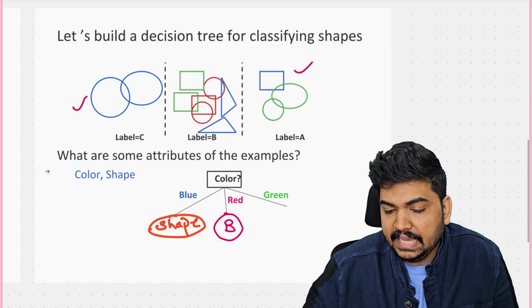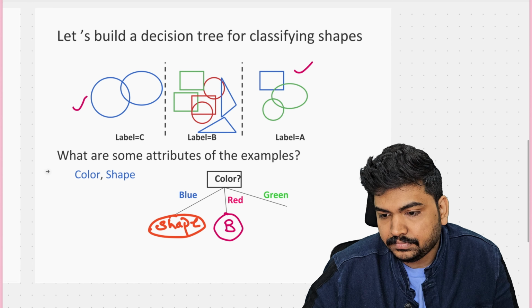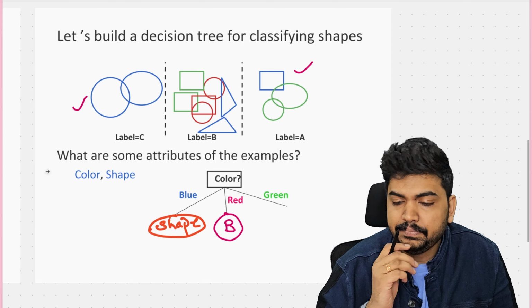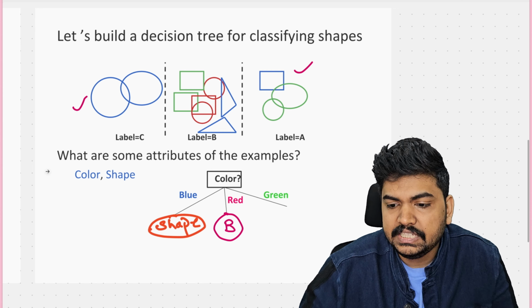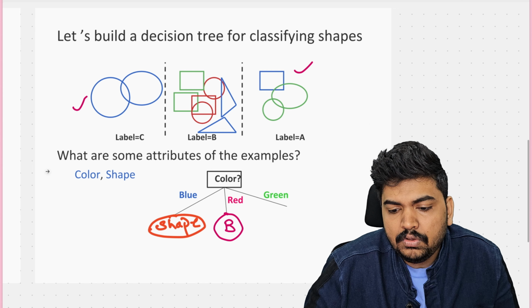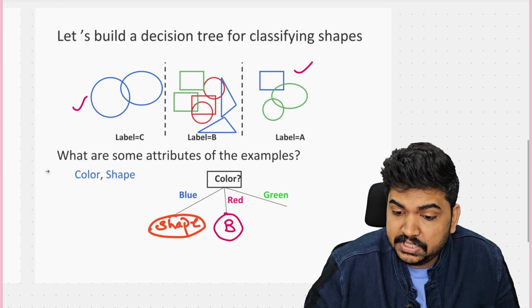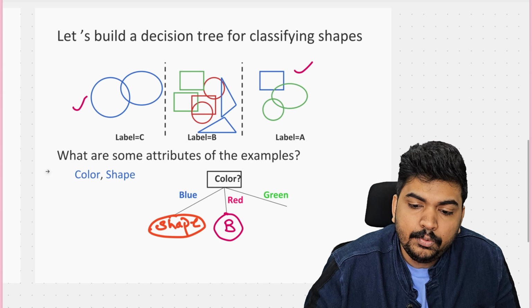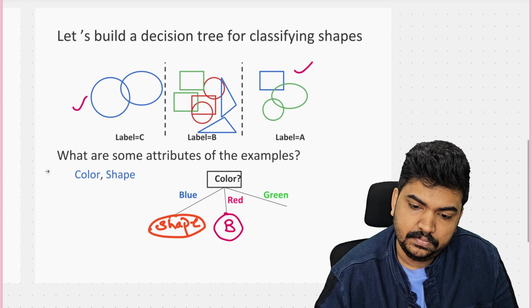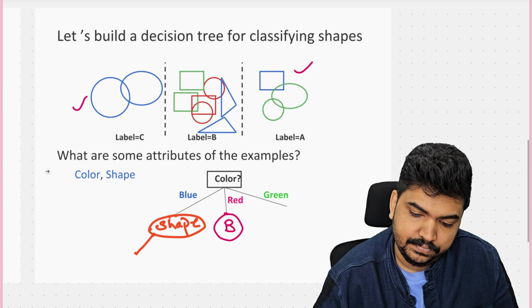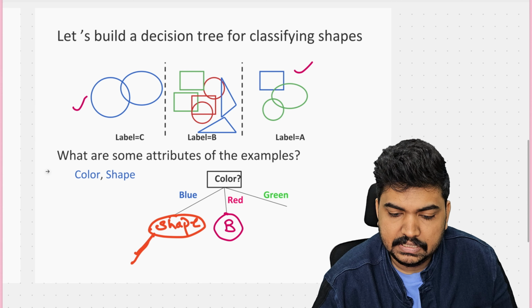So in label A, or maybe let's go top down itself. If you look at the shapes now, for all those shapes which are of color blue, whenever there is a circle, it has been assigned to label C. So I will say circle.